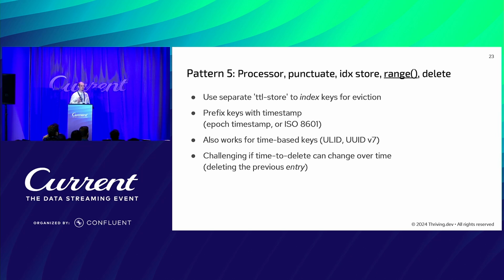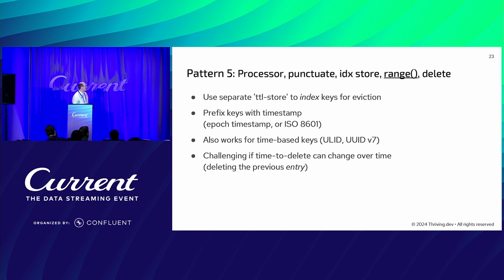First of all, we have two stores we need to write to, so this is some degree of extra cost. We also need to prefix those keys with the timestamp, so we need to pre-calculate the timestamp. If you have the parcel example, where you might also need to consider the state of the delivery, whether it's completed or not, so it's not only time-based, this pattern will not work for you.